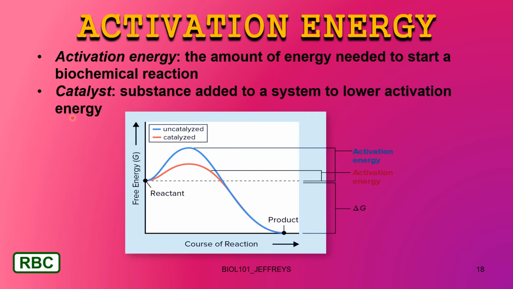So, in biochemical systems, we have these things called catalysts. Catalysts are substances added to a system to lower the activation energy. So in other words, to make the catabolism of that hamburger occur, you need to add energy. It doesn't happen spontaneously.